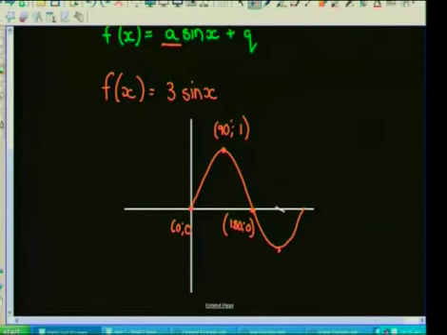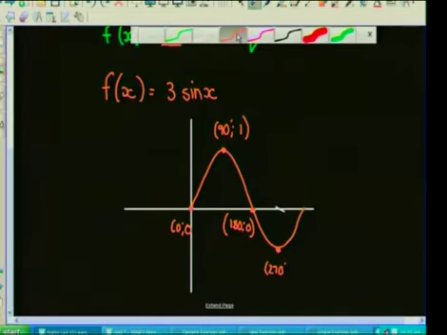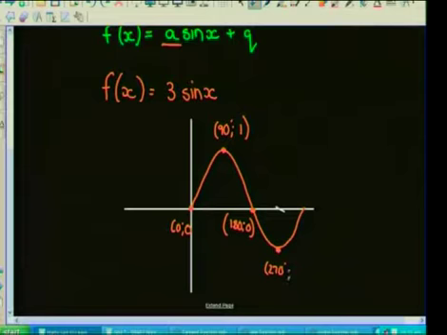This was our minimum, 270 degrees and minus 1. And our other x-intercept was 360 degrees and 0. And that was our standard sine.